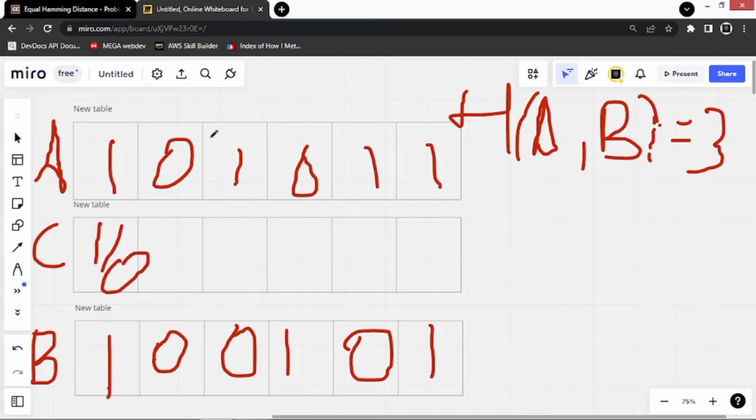Because it remains the same either way: if it's different then the Hamming distance would be incremented by 1, and if it's the same then the Hamming distance would remain the same, so it has no effect.